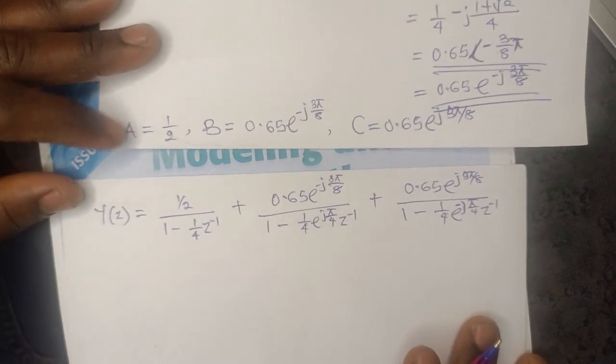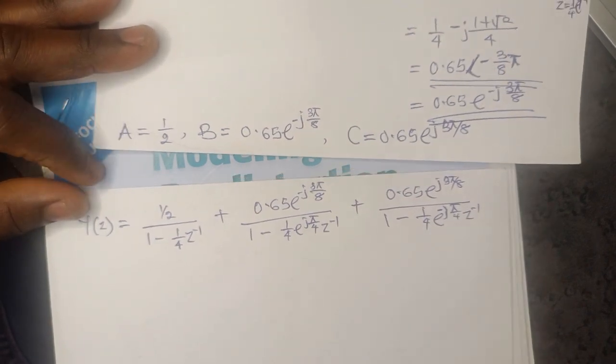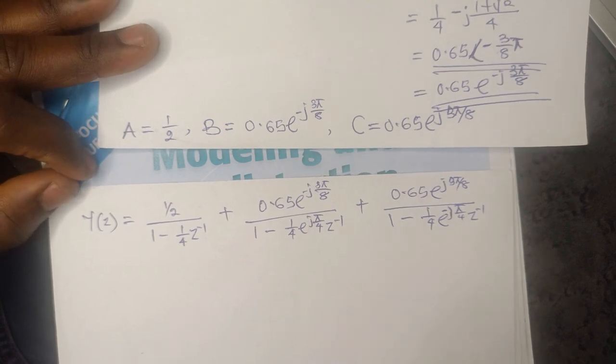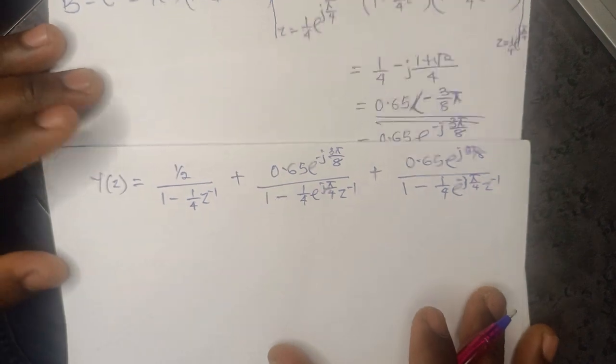So now that we have this, we can convert this back to the time domain. It is in the z domain right now, so we want to convert it back to the time domain.